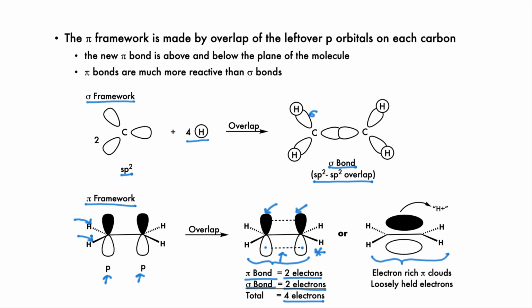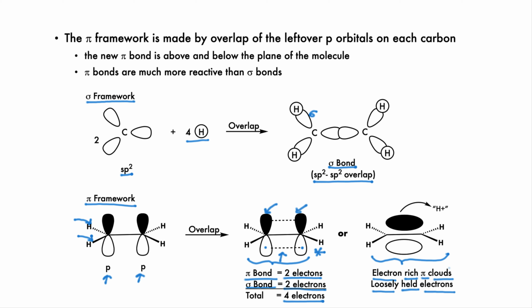The pi electrons are quite different from the sigma electrons. They reside above and below the plane of the molecule. They are further away from the nuclei on average and so more loosely held than sigma electrons. We can say that double bonds have an electron-rich pi cloud.